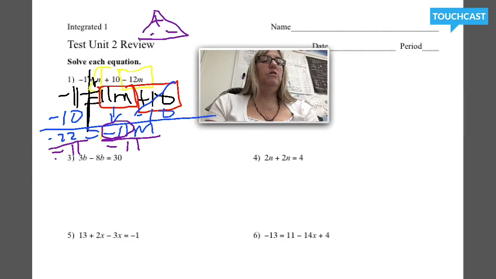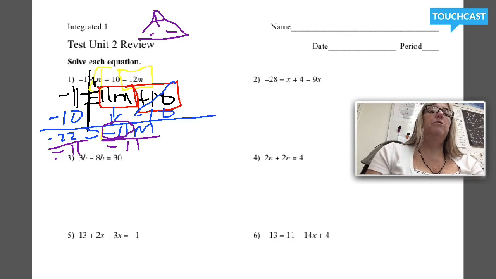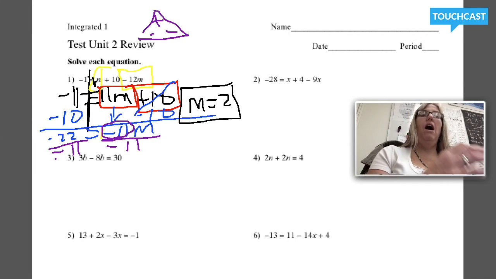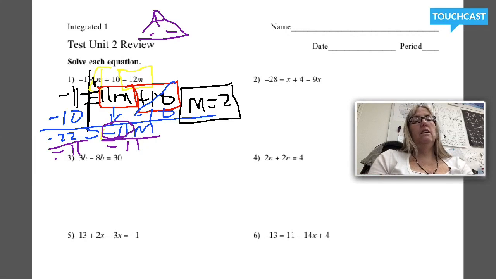And so then my answer will be, drum roll please, and then since I ran out of room over here, I'm just going to put it off to the side. M equals 2. Wow.